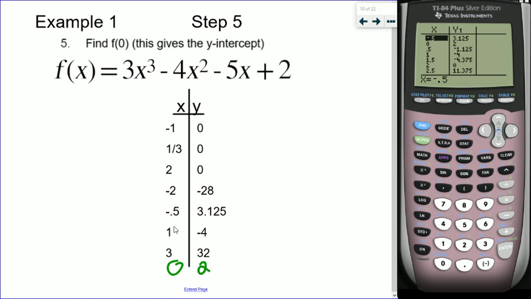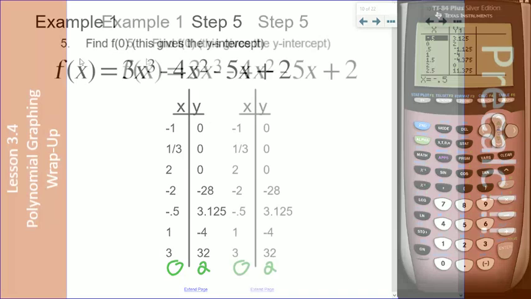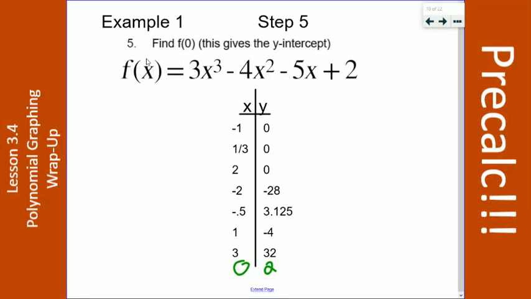Also, we could find it in our table if we wanted to. See, there it is, 0, 2. So we have 0, 2.